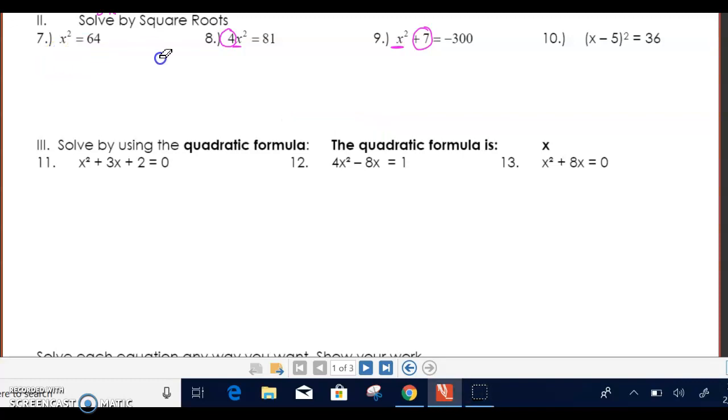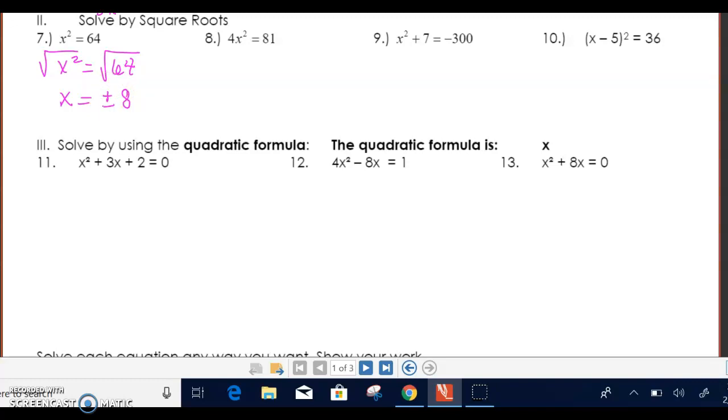All right, so let me illustrate the square root method. We'll do a couple of these. Let's say x squared equals 64. The square root method says I'm just going to take the square root of both sides of my equation to get my answers. Well, we know the square root of x squared is x, the square root of 64 is 8, and when you take the square root of both sides, you must put in the plus or minus.